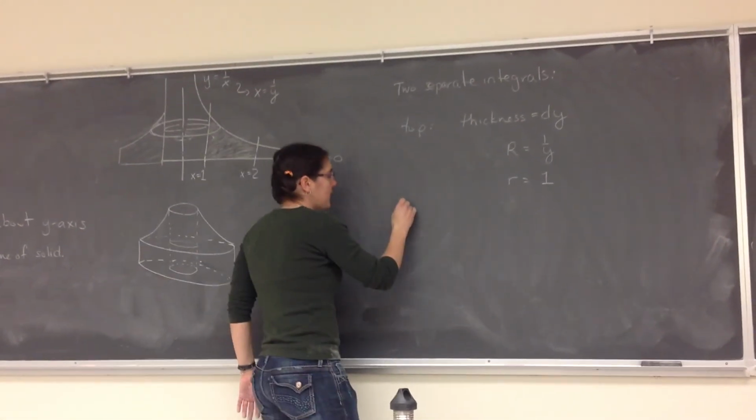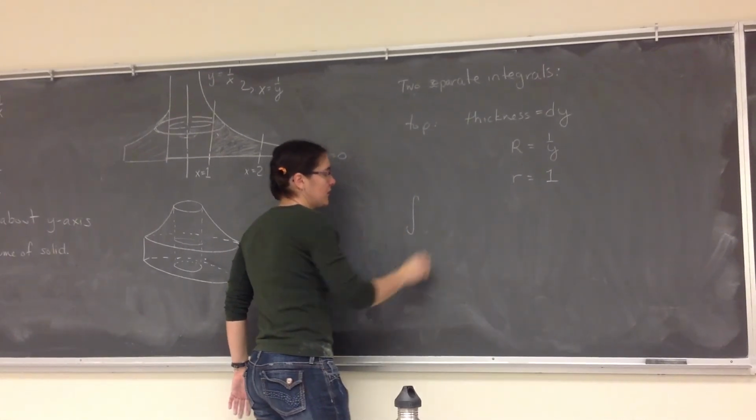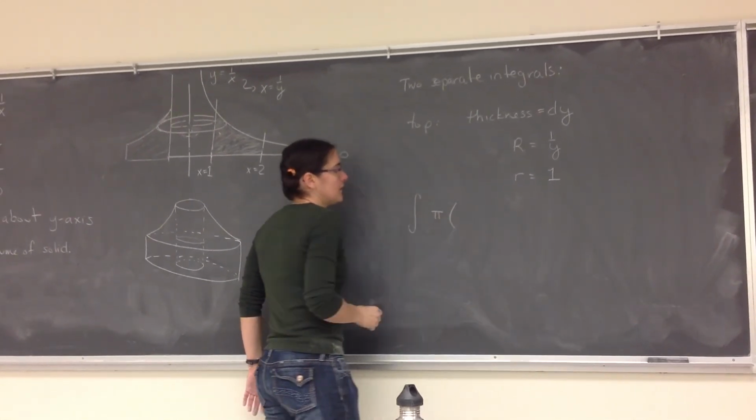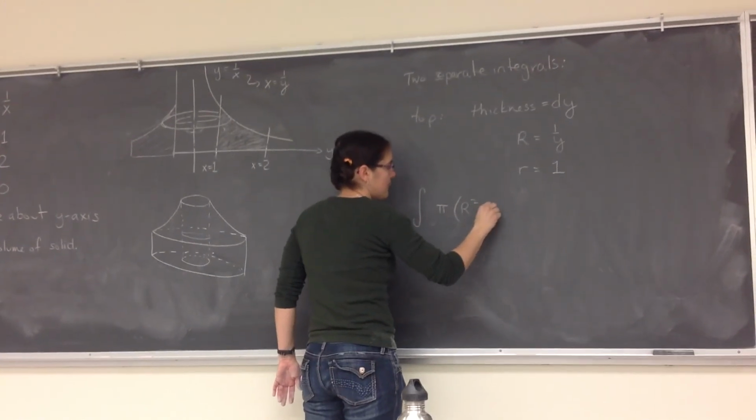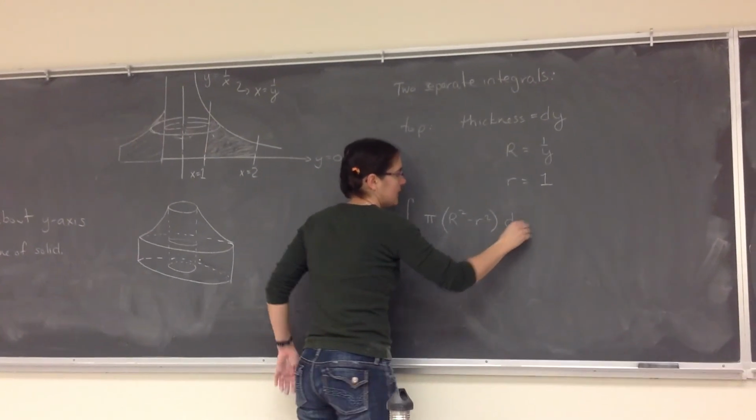And so my first integral will be the integral of pi times big R squared minus little r squared times our thickness of dy.